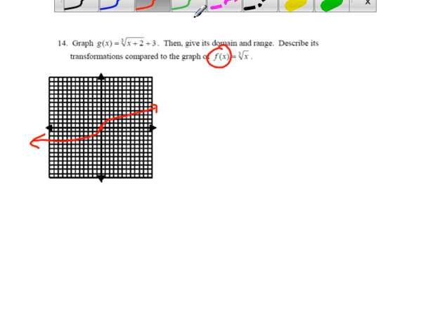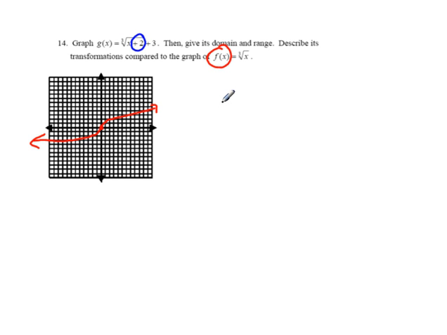Now I'm going to change pen colors to blue, and now let's describe the transformations. Remember, if it's under the radical, it's going to move it left or right, and you need to take the opposite of that. The opposite of positive 2 is negative 2, so the transformation is left 2 units.